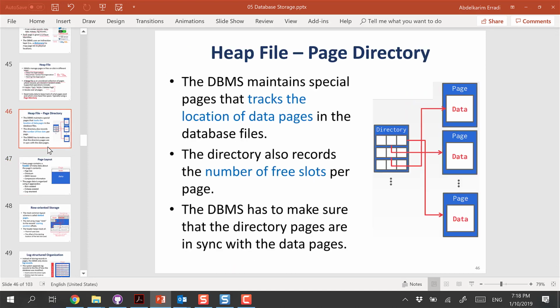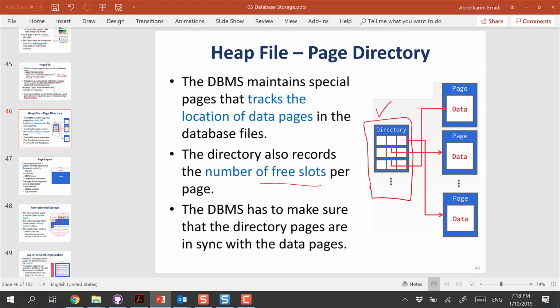Okay, now let's see. Yes. So that's what I just explained here. So you must maintain, in a heap file, a directory. This is an essential data structure that you need to maintain to be able to map your logical address to the physical address, and to be able to also know the free slots.